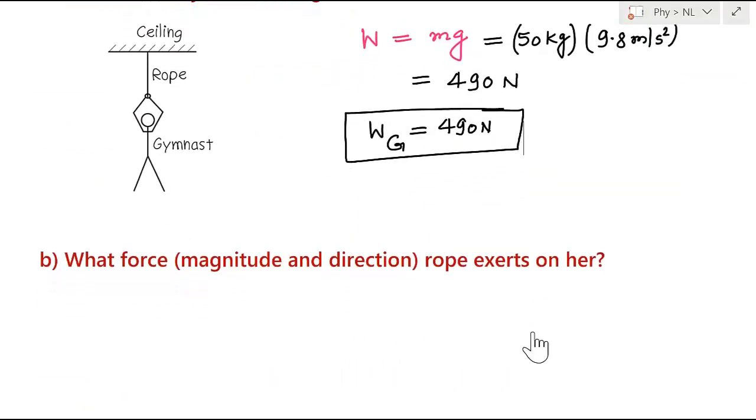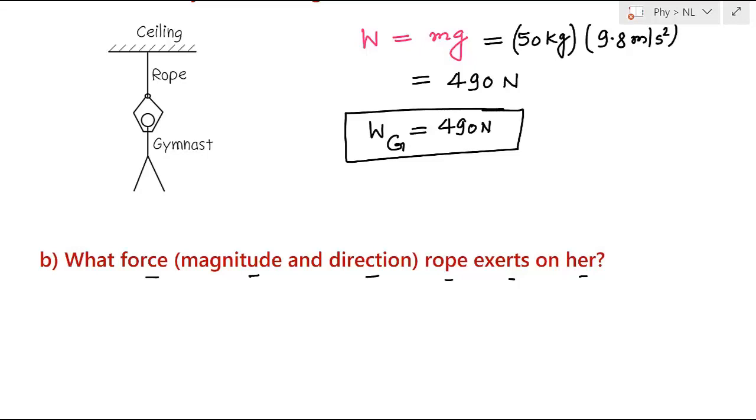Now in the second part, the question says what force, in terms of magnitude and direction, the rope exerts on the gymnast. So how will you do this? To solve such a problem, you have to draw a free body diagram. How do you draw the free body diagram and how do you select the components?